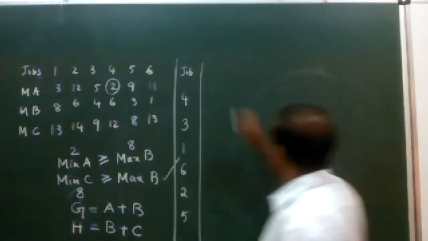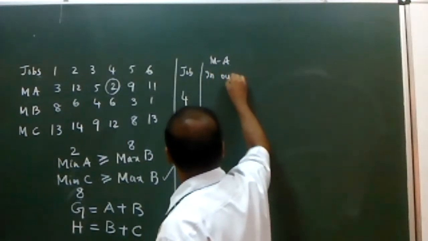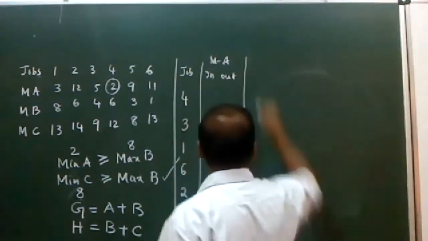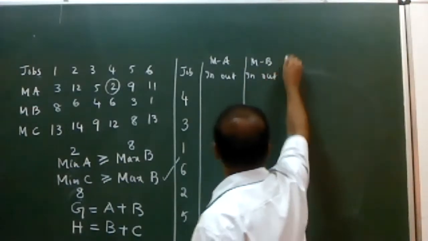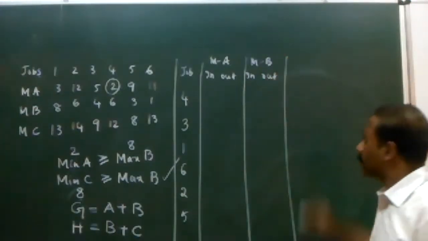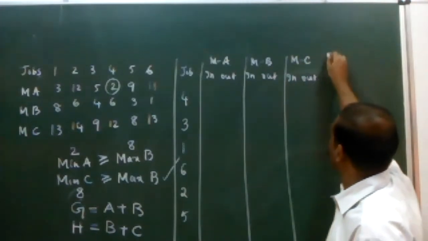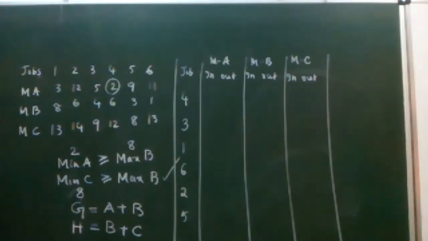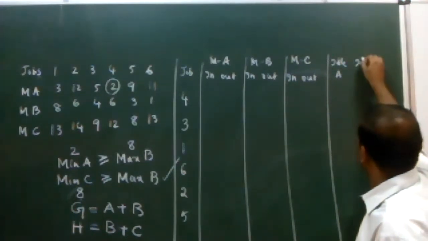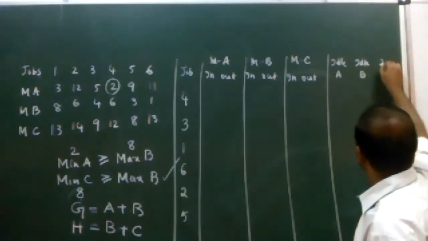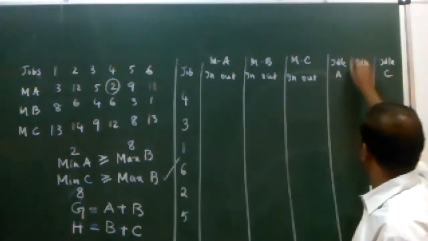Okay, then we have three columns now. Machine A, two values come here, in and out. Similarly, machine B, two values, in and out. And the third one is machine C. Again, we have two values, in and out. And finally, we have idle time for A, idle time for B, and idle time for C. So these are the three values to be calculated.